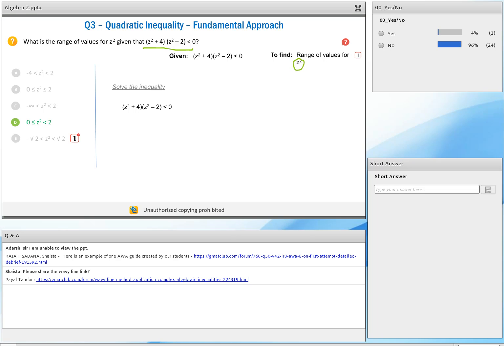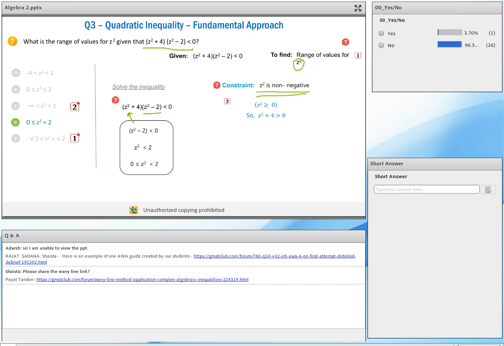So what number can be less than 0 then? The only number that can be less than 0, between these two numbers, is z square minus 2. How am I saying that z square plus 4 can never be less than 0? Because z square is always a non-negative number. It's a square of a number, right? Which means that the only number that can be less than 0 is z square minus 2, which means z square is less than 2, which means this is the range for z square.